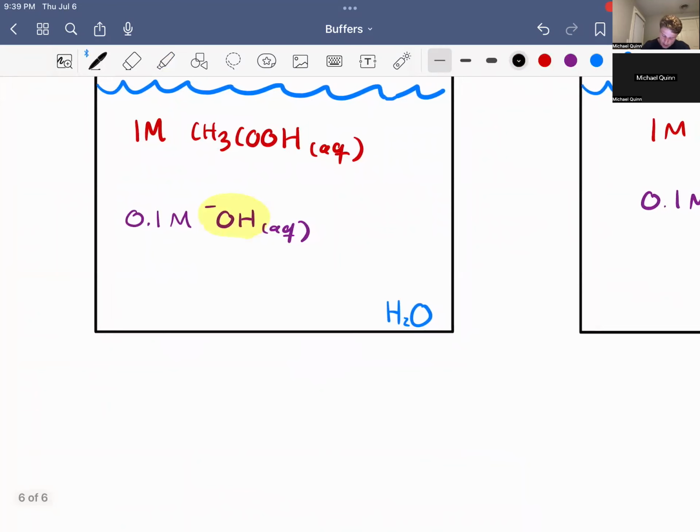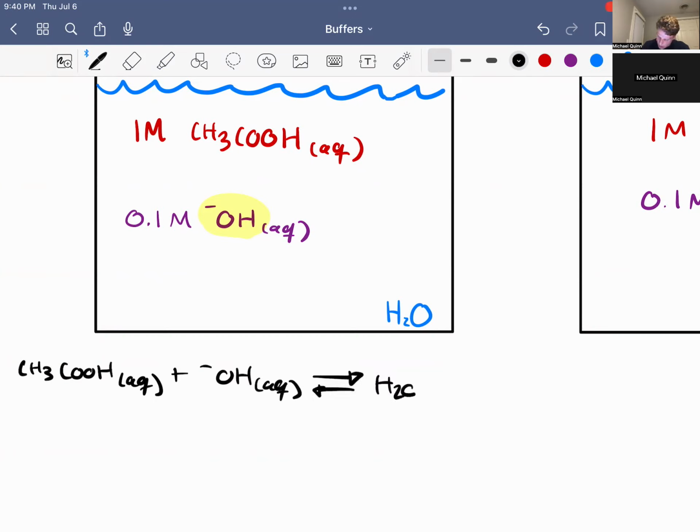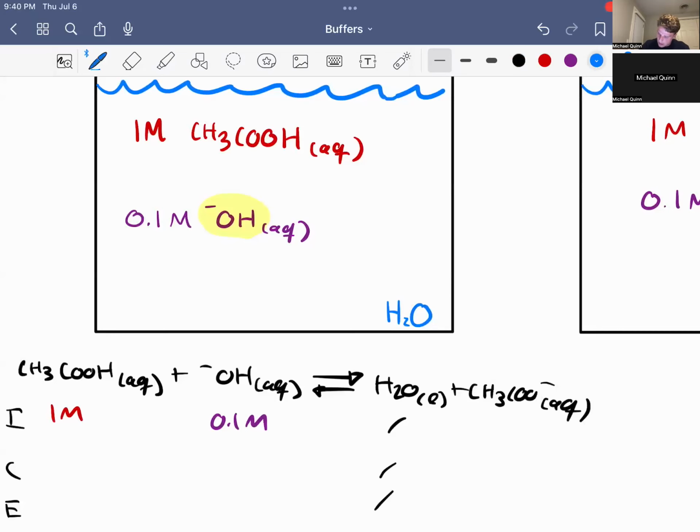So this is CH3COOH, which is a weak acid, plus OH minus aqueous goes to H2O liquid and CH3COO minus aqueous. Let's do an ice table. So initially we have 1 molar, we have 0.1 molar, we have nothing left of this.